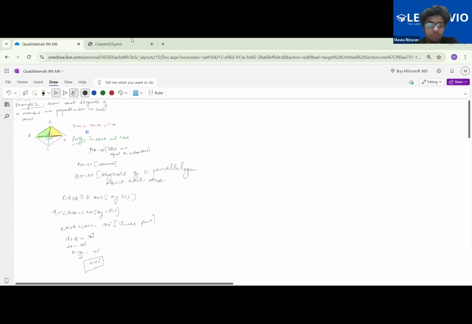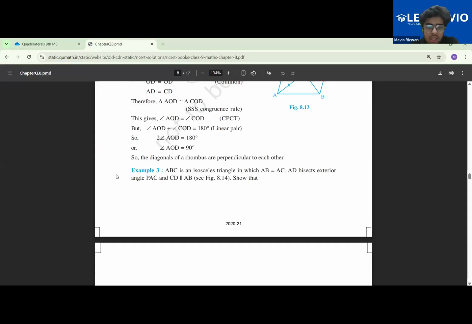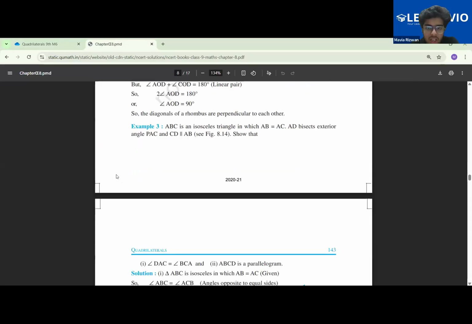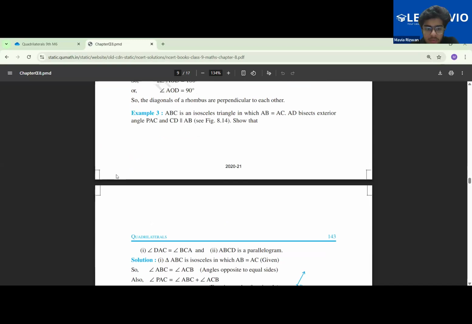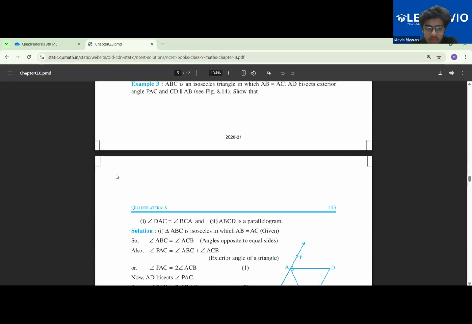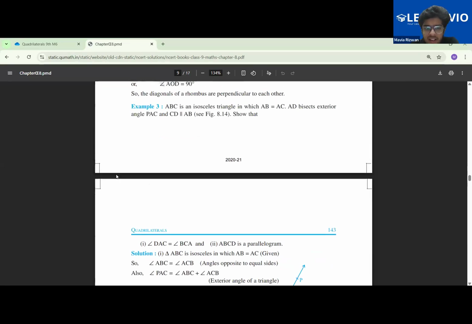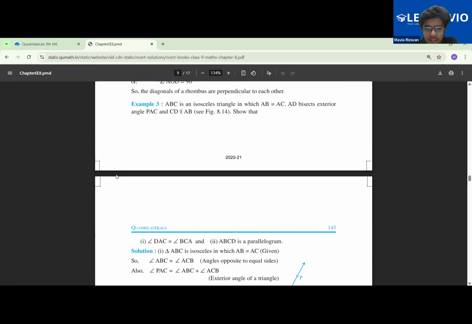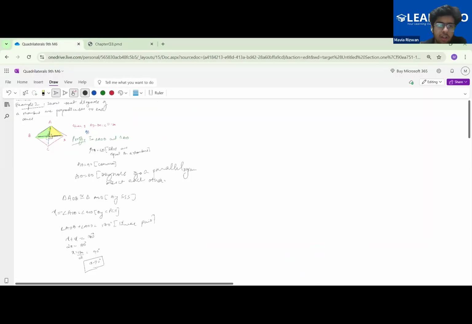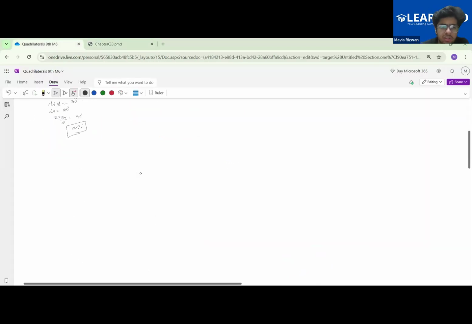Moving on, we have ABC is an isosceles triangle in which AB is equal to AC. AD bisects exterior angle PAC. Okay. So without even reading the question, what I will do is first draw the figure.